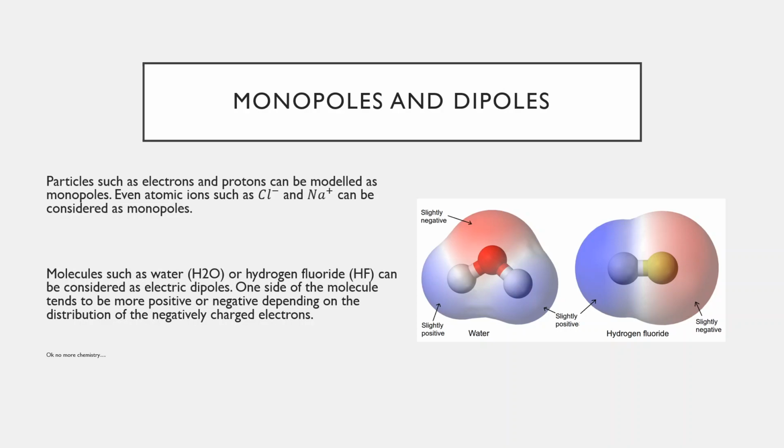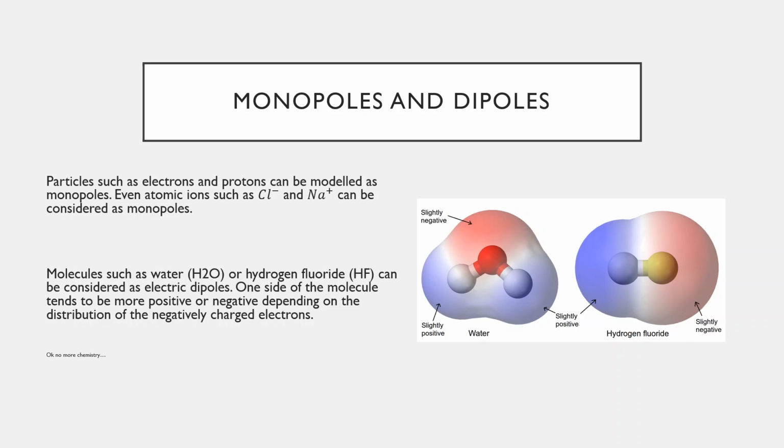oxygen atom ends up being more negative. There are more electrons surrounding the oxygen atom than there are surrounding the hydrogen atoms. On average, the electrons spend more time around the oxygen atom than they do with the hydrogen.